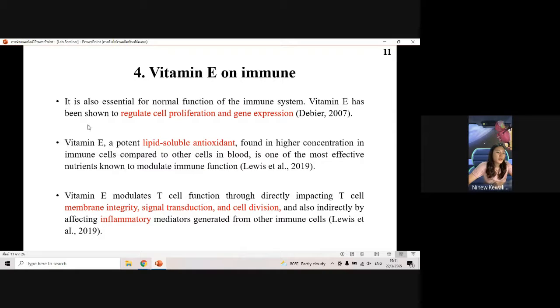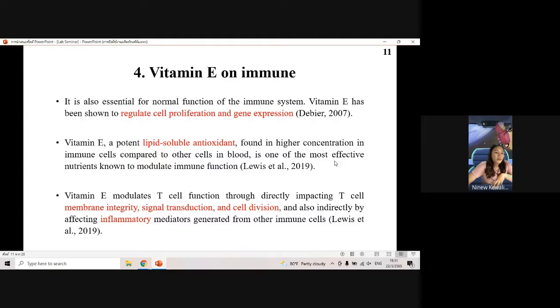Now, vitamin E on immunity. It is also essential for the normal function of the immune system. Vitamin E has been shown to regulate cell proliferation and gene expression, and it is a potent lipid-soluble antioxidant found in higher concentration in immune cells compared to other cells in the blood.